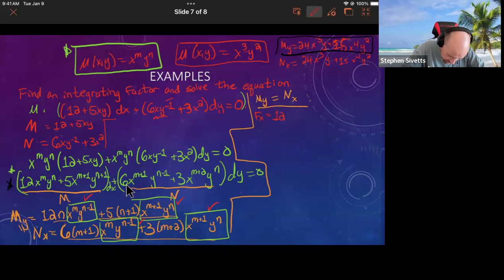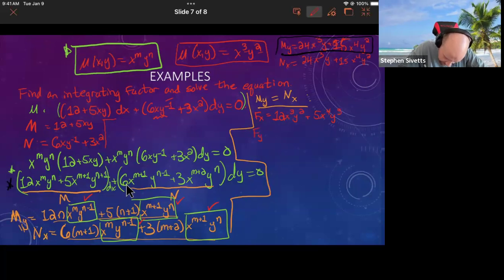The m is 3, y is 2. So y squared plus 5x, x is 3, so x to the 4th, y and plus 1, 3.